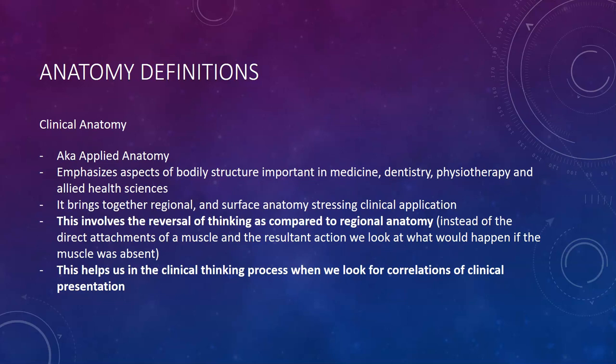If something is not functioning right, we know that under normal circumstances, muscle A would do this action. The fact the patient can't do this action starts to get us thinking that maybe that muscle A is the problem.